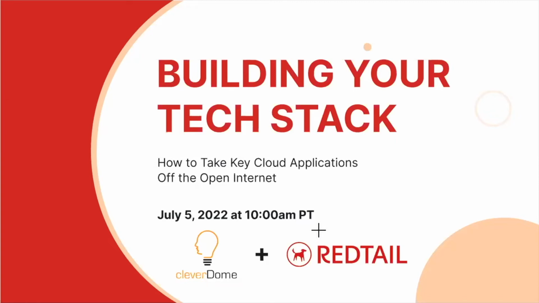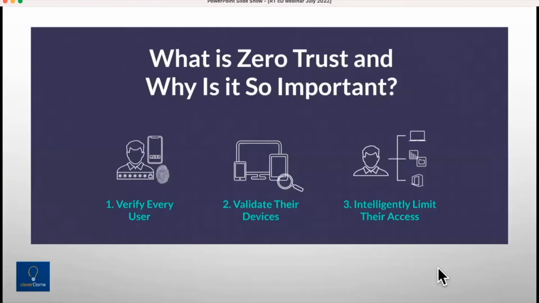One of those broker dealers that uses Cleverdome is United Planners. Brian, that's where you come in. Can you tell us a little bit about what Zero Trust is and why it's so important? Zero Trust is a software-defined perimeter to gain access to our most important data, our clients' data, the advisors' data.